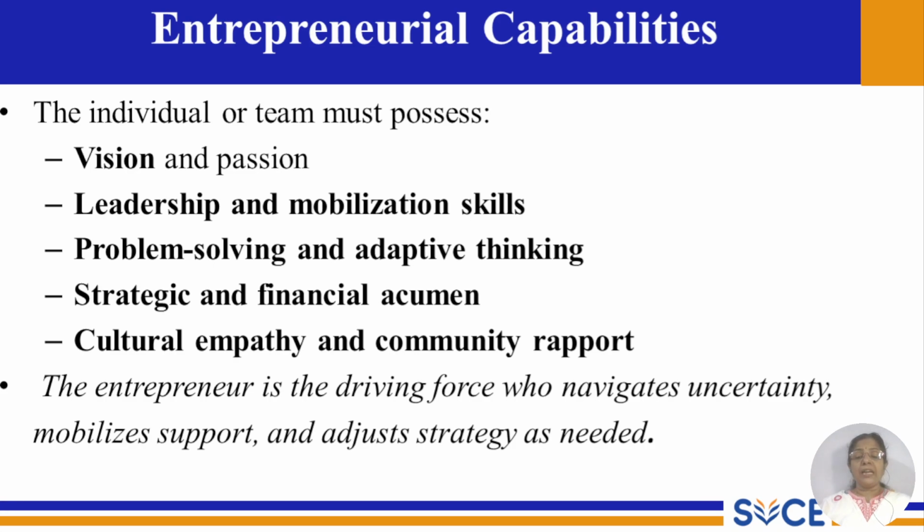Problem solving and adaptive thinking, they should be able to solve problems, and strategic and financial acumen, cultural empathy and community rapport. They should empathize with the local people and they should establish rapport with the local people. So here, the entrepreneur is the driving force. He is the leader who navigates uncertainty, mobilizes support, and adjusts strategy as needed.